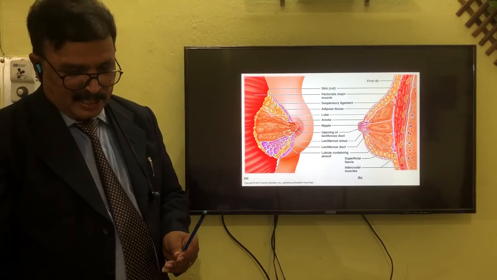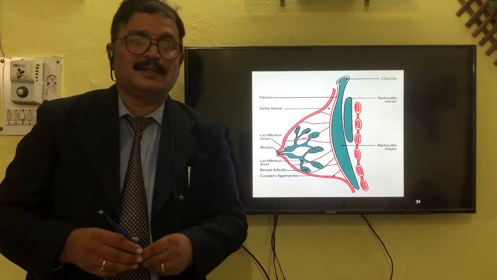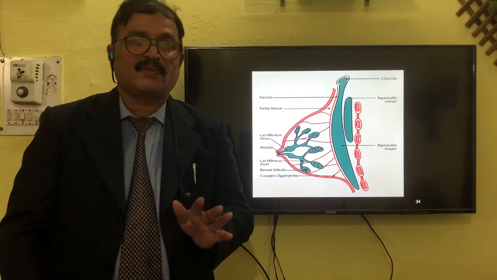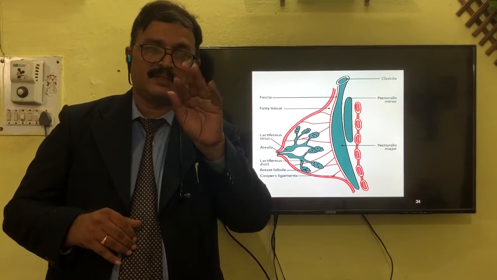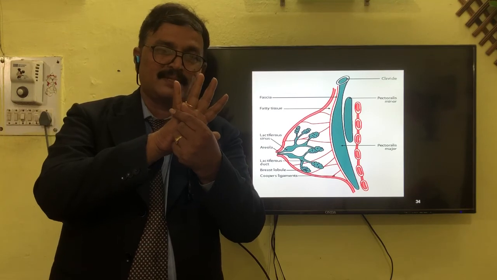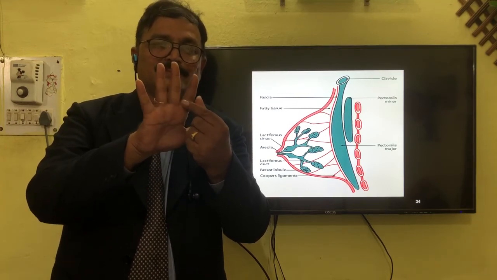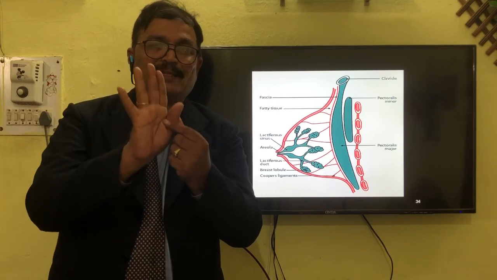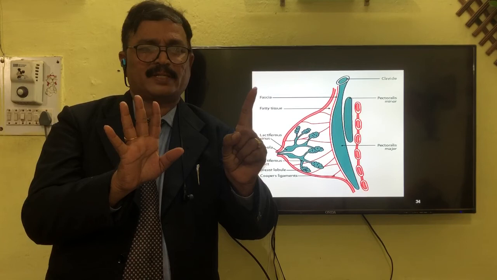Now, what we learn from this: the female reproductive organs are performing totally 6 functions. Production of gametes by the ovary, then the remaining 5: transport of gametes, fertilization, development of the embryo, then delivery, then feeding the baby. All these 5 functions plus production.